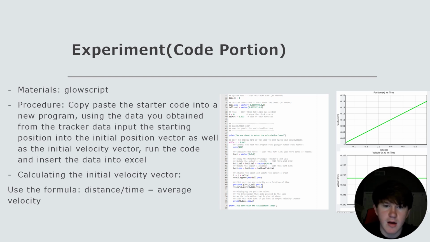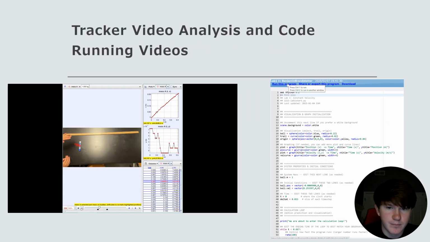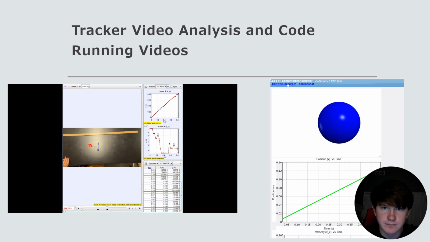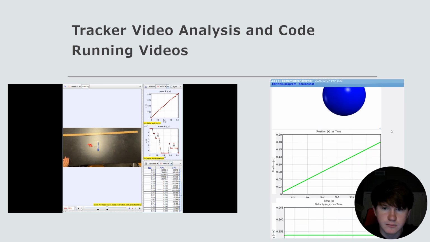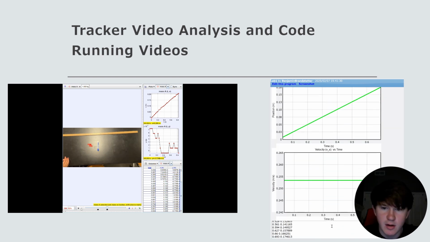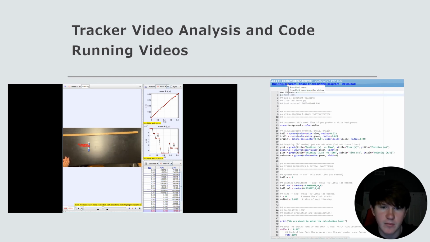We did that by finding the displacement over the time. And then here's 2 videos of our code and the running. And then there's some of the data. You can see that the graph is linear, meaning constant velocity.